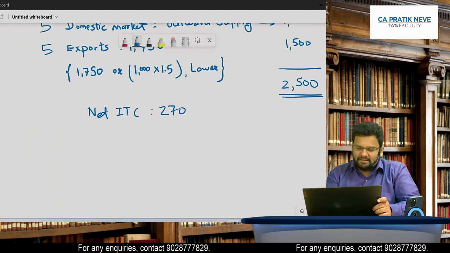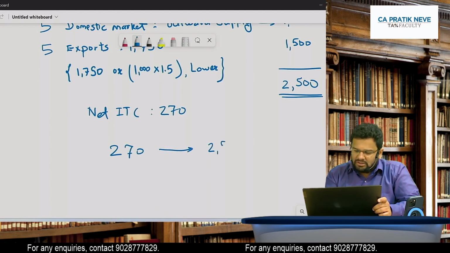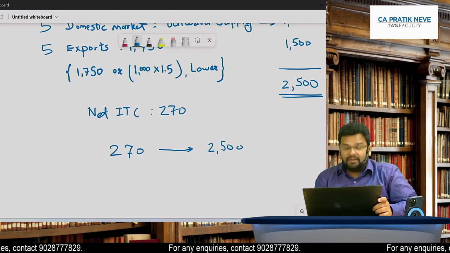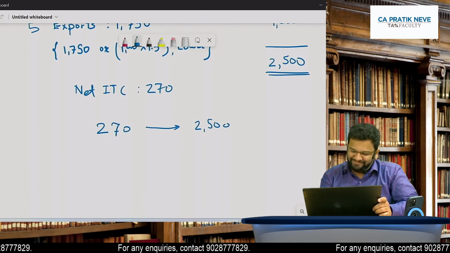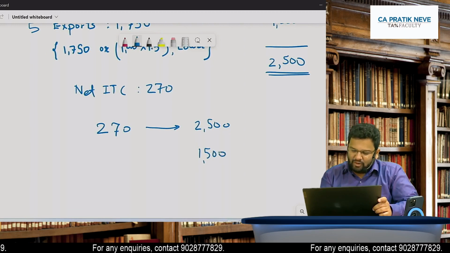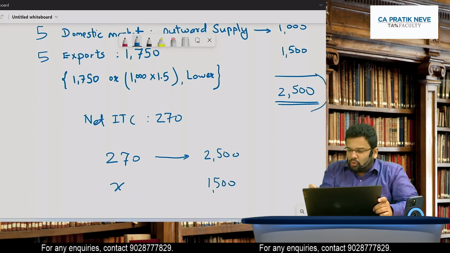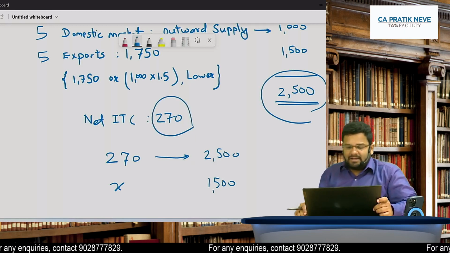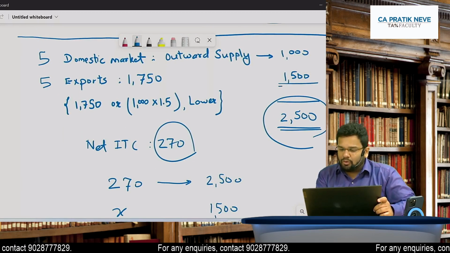So do you agree that 270 is for 2500? So friends, can you tell me how much for 1500? Because for the total, ITC will be 270. So how much ITC for exports?